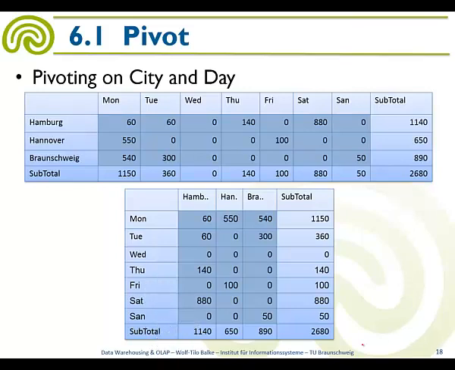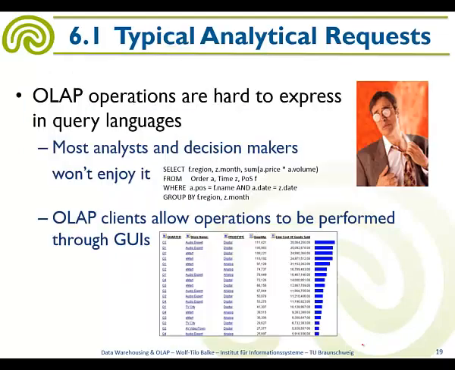Okay. Those were the base extensions that you have in OLAP database queries: roll up, drill down, slice, dice, and pivot. 5 operations that are at the heart of all data warehousing systems.